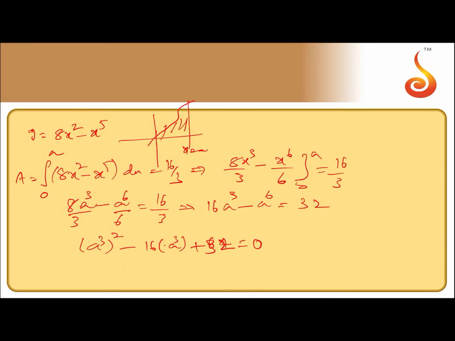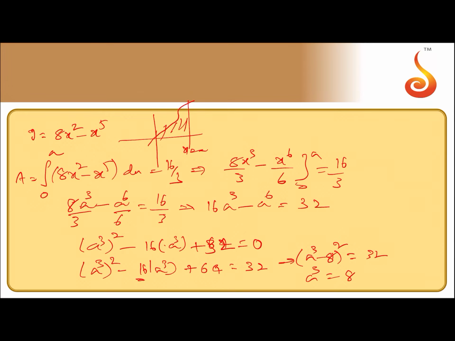I hope we can make it a perfect square. A cube whole square minus 16a cube plus 64 is equal to 32. So on simplifying, a cube minus 8 taken whole square is equal to 32.